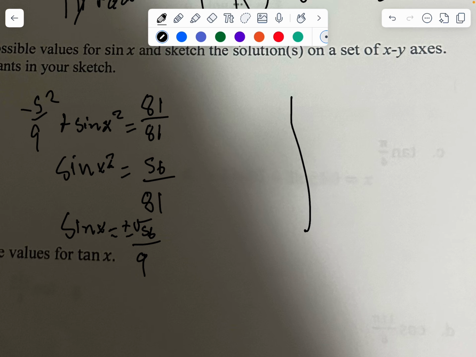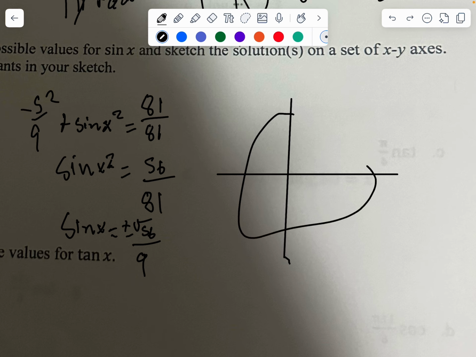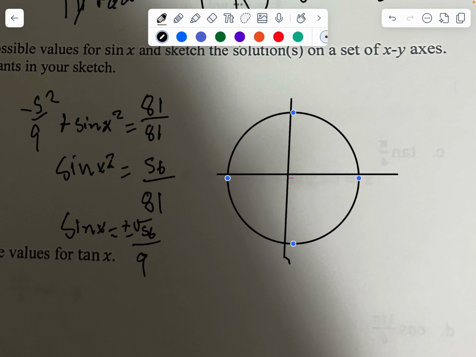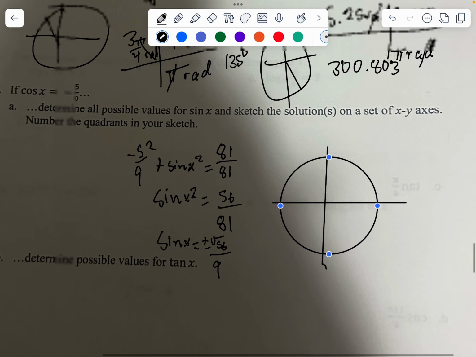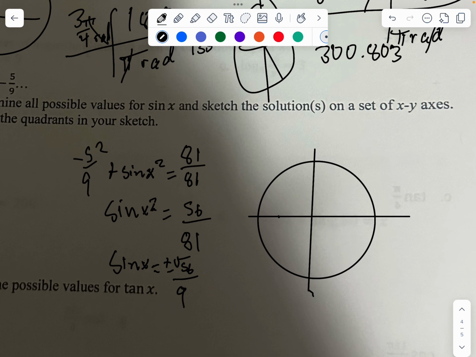So now they want us to sketch. Now that we have sine and cosine, we can sketch an angle, or two I guess, because there's a plus and a minus. Negative 5/9 cosine is going to be right about here.